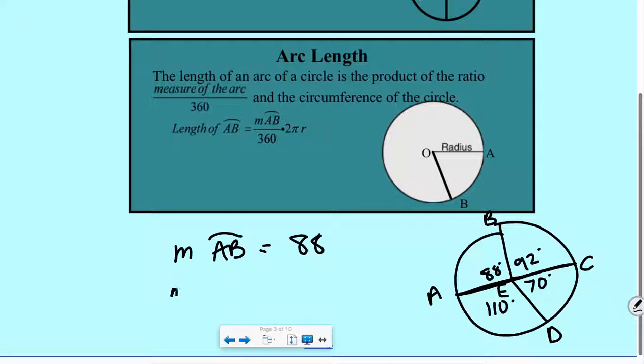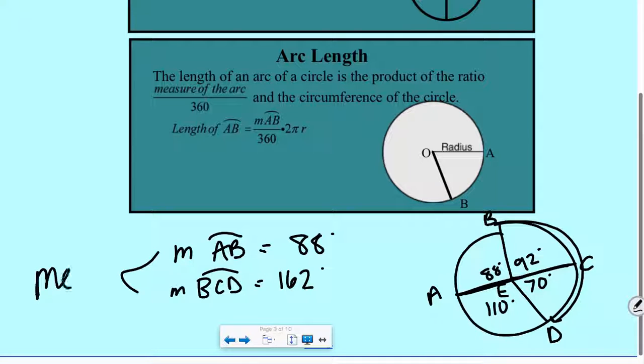If I wanted to know the measure of arc BCD, in my little picture up here, how would I find the measure of arc BCD? Yeah, I'd add the 2 because I got to go from B to C to D. So 90 plus 72 is 162. Okay, so measure corresponds with the angle measure of the central angle.